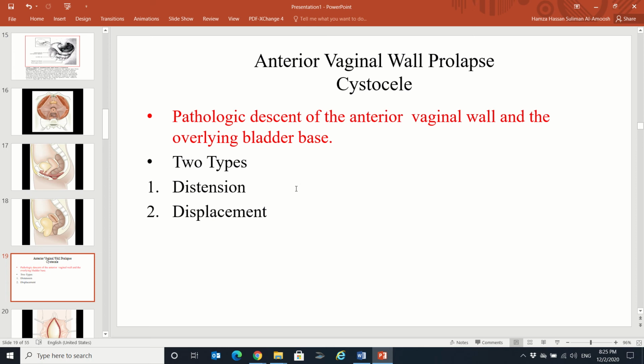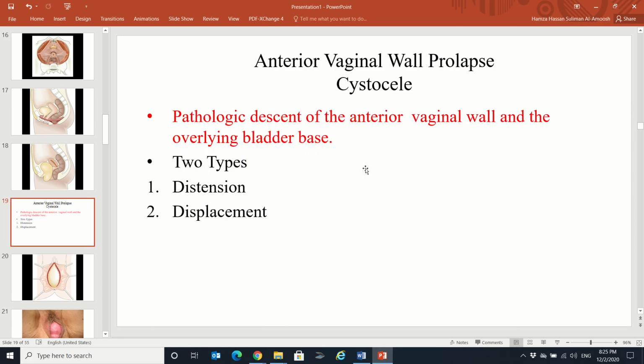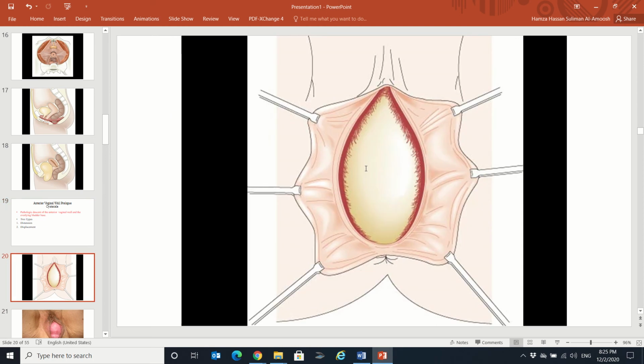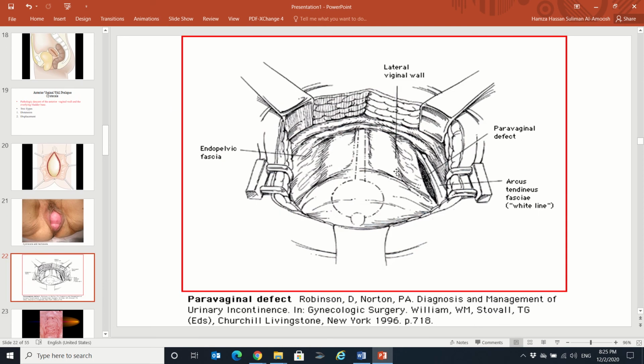If we have only one area, then we have displacement. Only one area is bulging. So this one is distension, and this one here is displacement because only one part is defective.